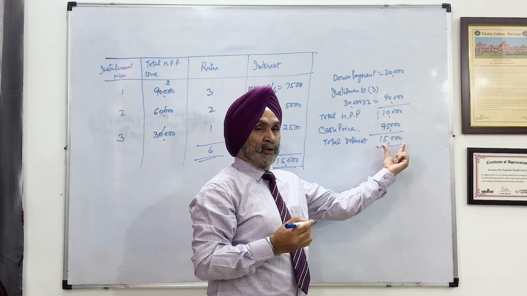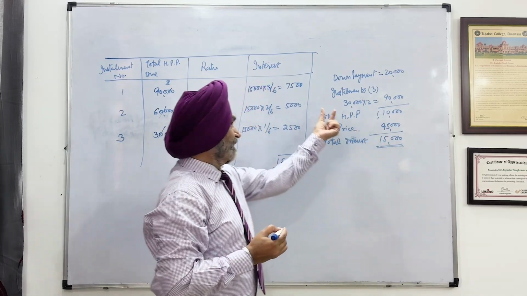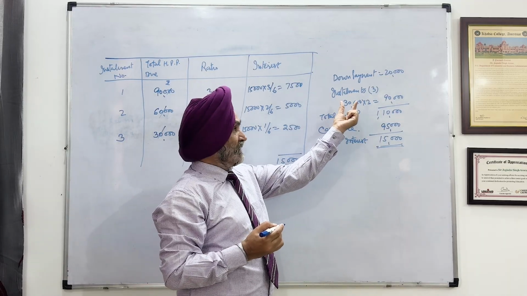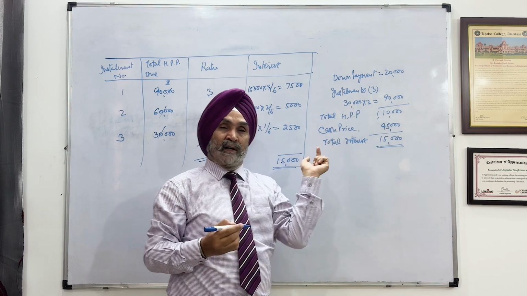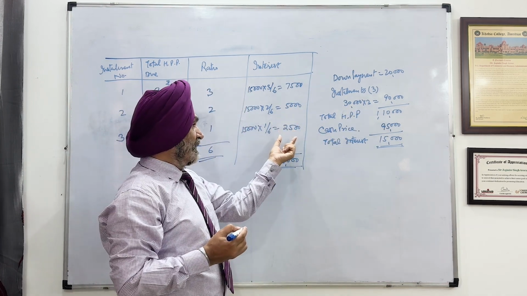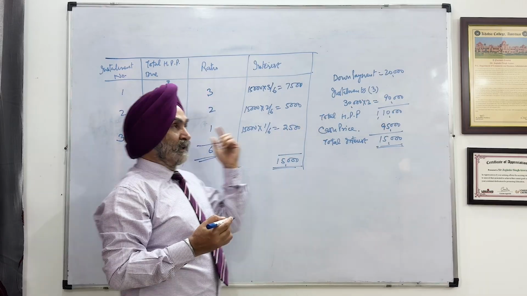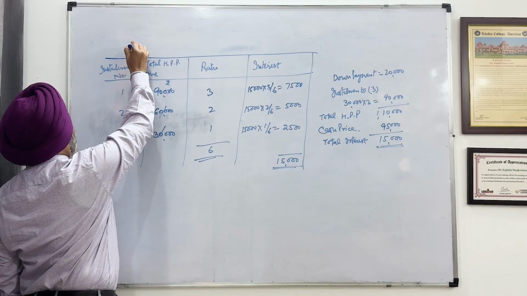Total interest was known to us, but what is the interest in the first installment of 30,000? What is the interest included in the second installment of 30,000? And what is the interest included in the third installment of 30,000? That we have calculated.